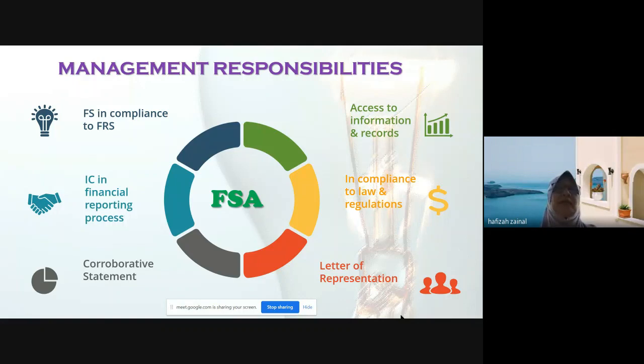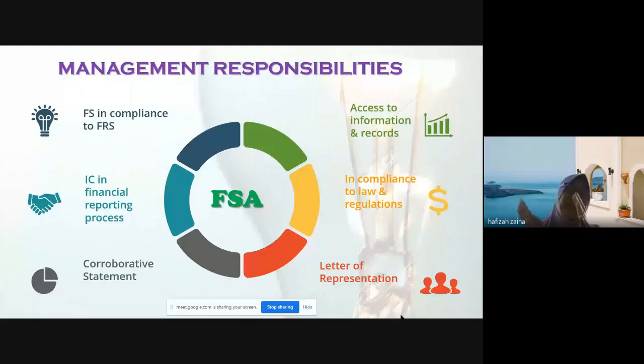And then management also must be aware that auditors should be allowed to access everything. There shouldn't be any restriction with regard to any information that has relation to the financial statement. They cannot say, oh, this one is private and confidential, auditor cannot check.